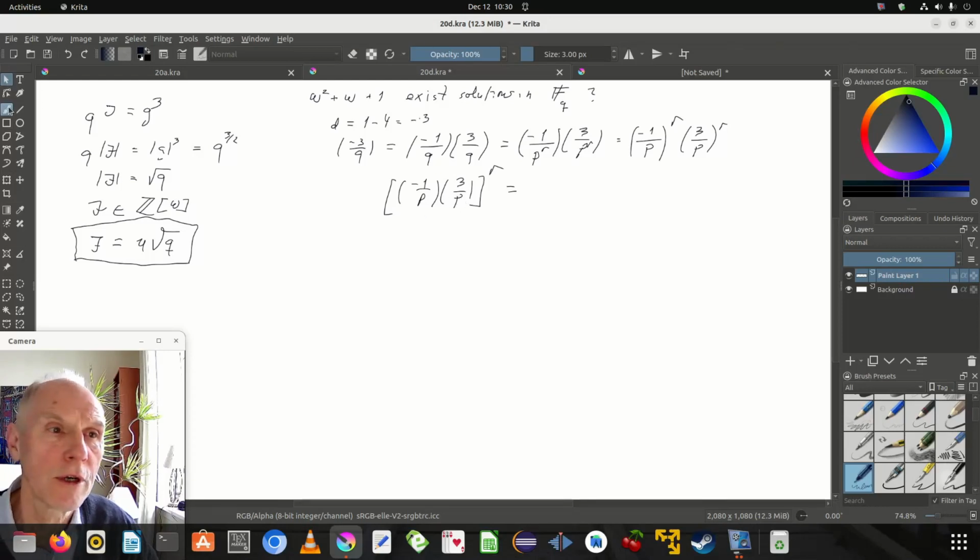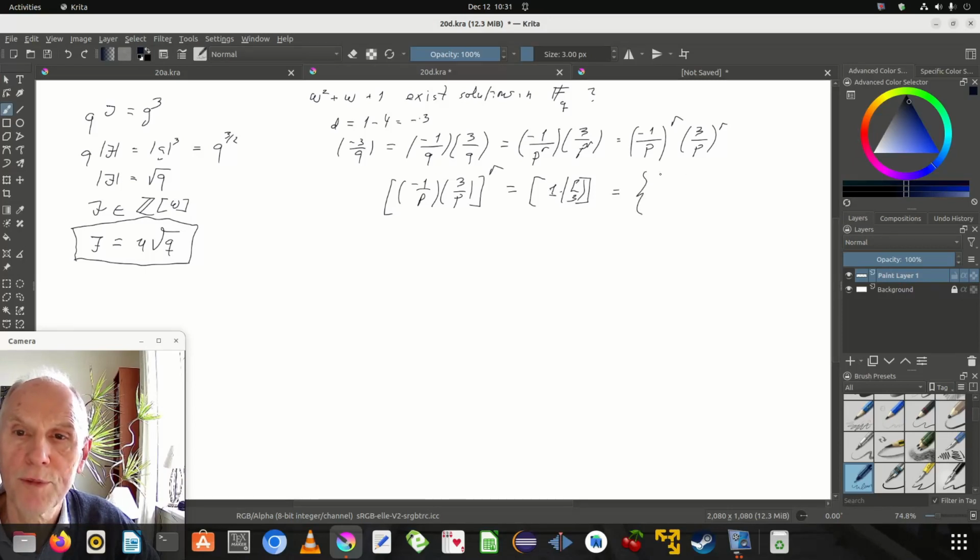And can we turn it around? That's the question. If P is equivalent to 1 modulo 4, then we can turn it around, and then this gives plus 1. On the other hand, if it's equivalent to minus 1, then this is minus 1, and this gives minus the opposite. So it's actually just this guy, 1 times that.